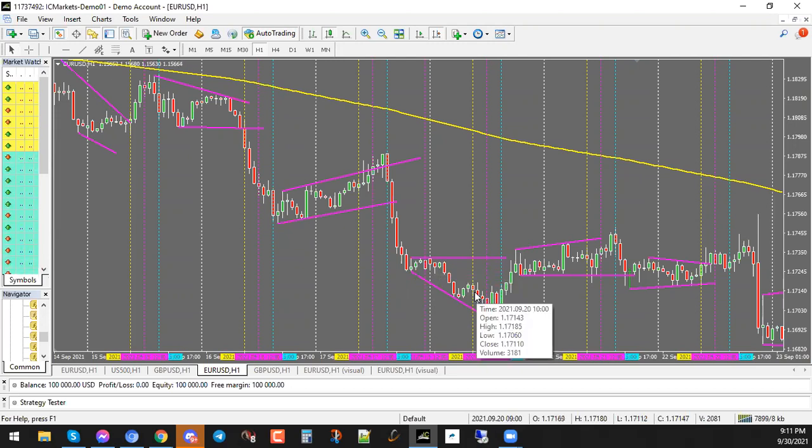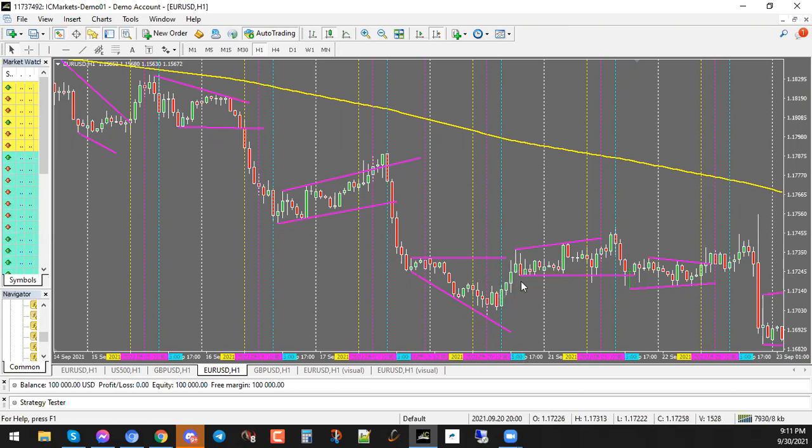Now, these patterns also can cause the price to move in the opposite direction because this is an ending formation. Actually, this is an ending formation because the price broke out to the upside. Okay, and this is what makes it an ending formation. If it's a leading formation, then it's going to break to the downside.